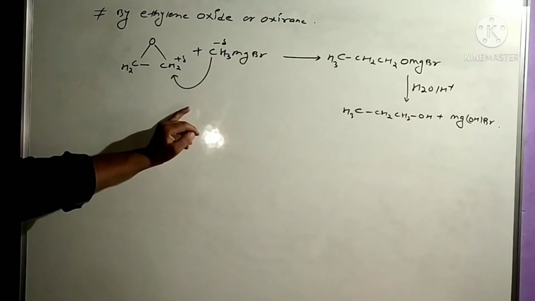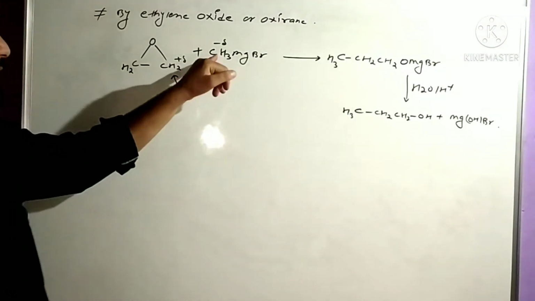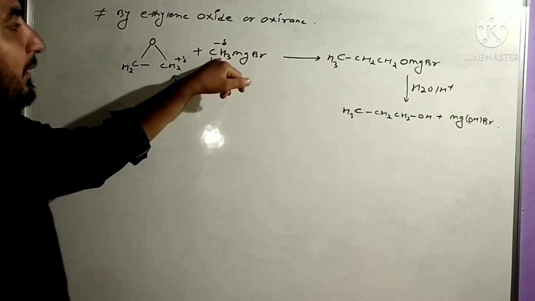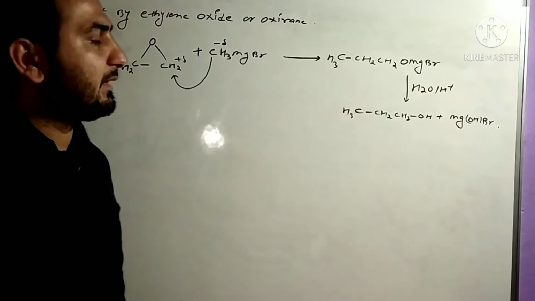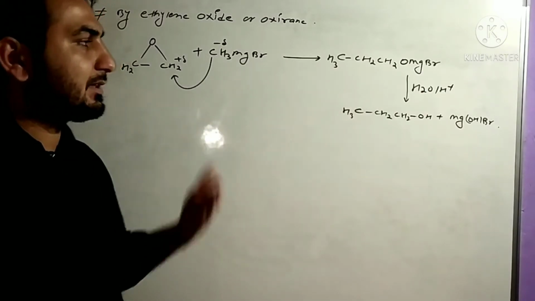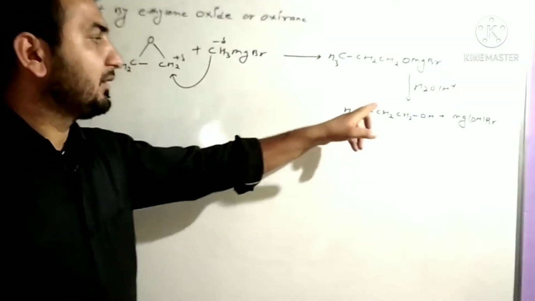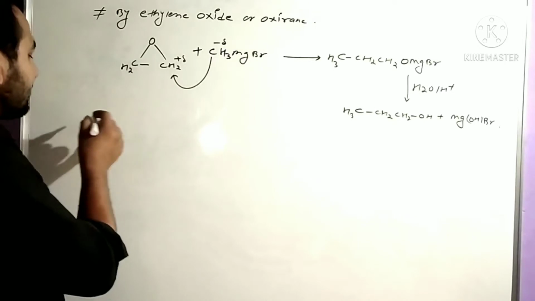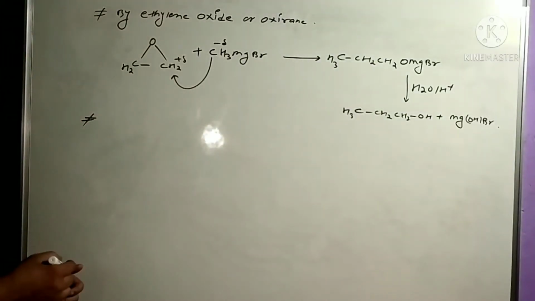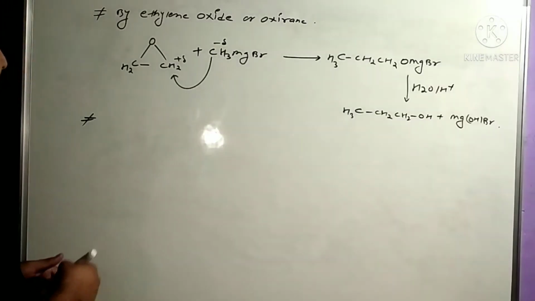This CH3 comes from the Grignard reagent, giving CH3, CH2, CH2, OMgBr, and after hydrolysis, in the same manner as in your previous topic, it forms the alcohol. Clear? So next you can again manufacture alcohol by the hydrolysis of ester.